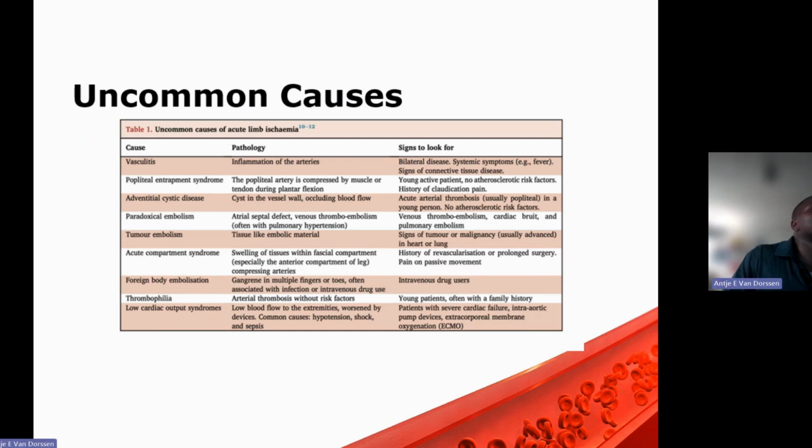What was also interesting is paradoxical embolism, whereby you've got an atrial septal defect and a venous thrombus, which then embolizes through the heart into the arterial system. And then you eventually get acute limb ischemia, which is very interesting.